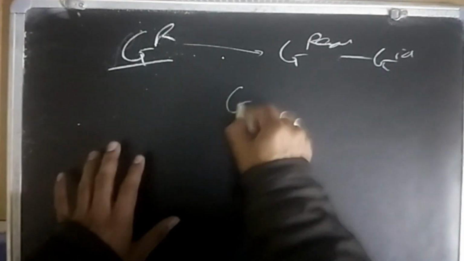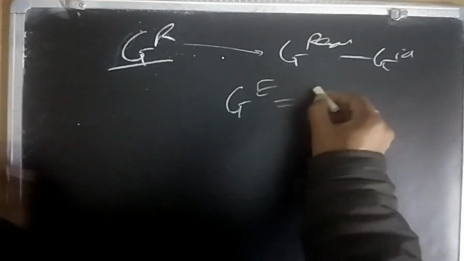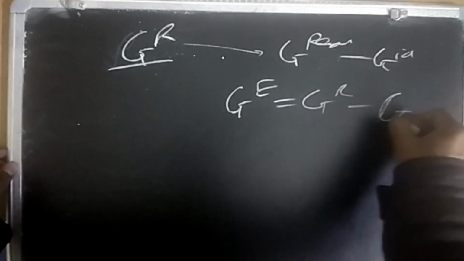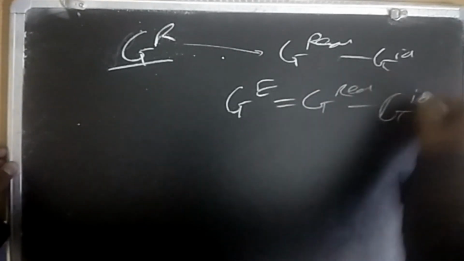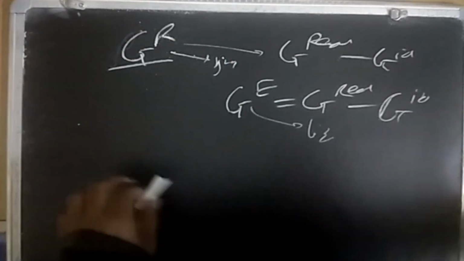Next, what is then Gr by RT? R means the residual property, which means G of real minus G of ideal. G excess is also the same, real minus ideal, but this is for liquids and this is for gases, so kind of the same thing.